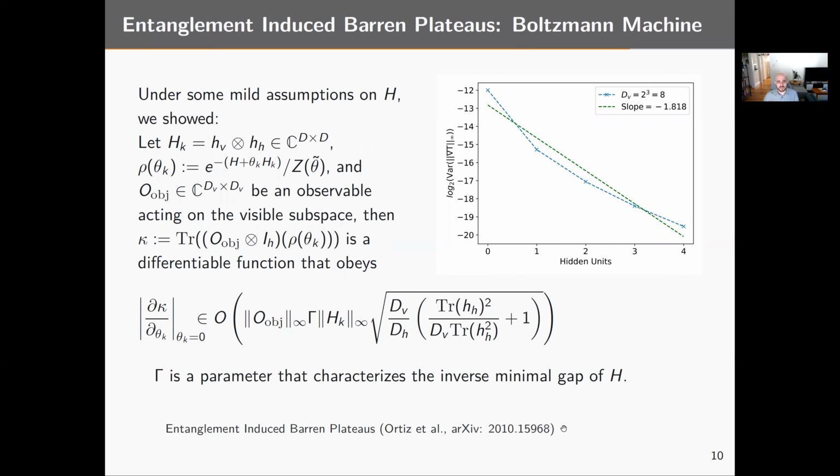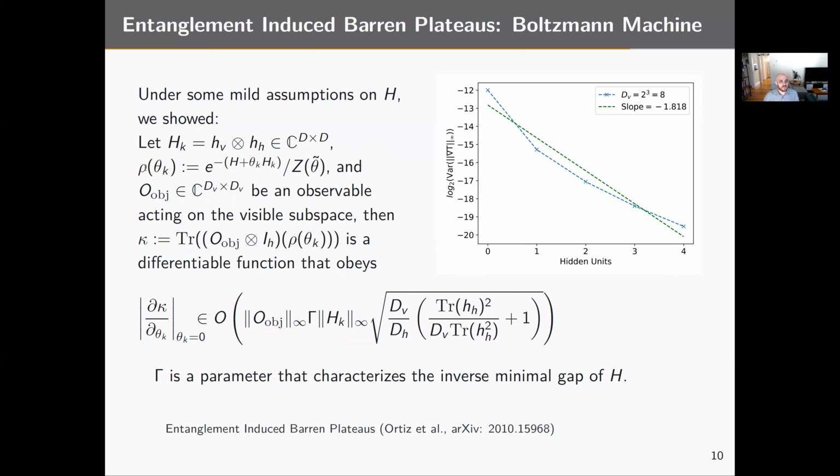We also looked at the quantum Boltzmann machine, although in this case the assumptions were slightly more nuanced. So again, under some mild assumptions on H, for which we have the details in our paper, let's define HK to be of the form HV tensor HH, and let's suppose that HK is an elementary tensor of this form, living in C^D times C^D, where D is the product of dV times dH.